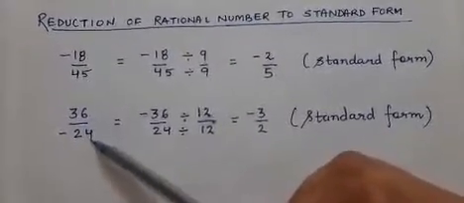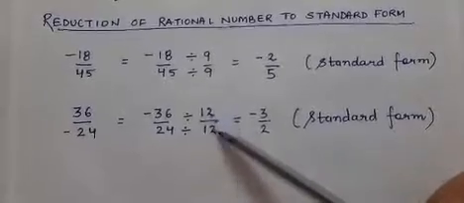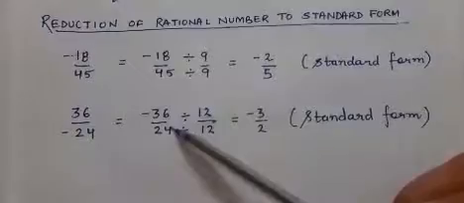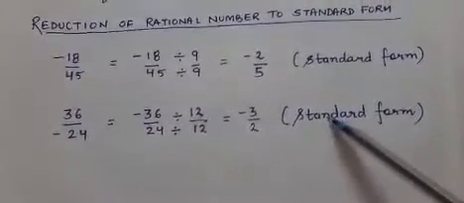Similarly, 36 and 24 can be divided by the same number, 12, which is also the HCF of both of these numbers, and we get minus 3 upon 2. That is the standard form.